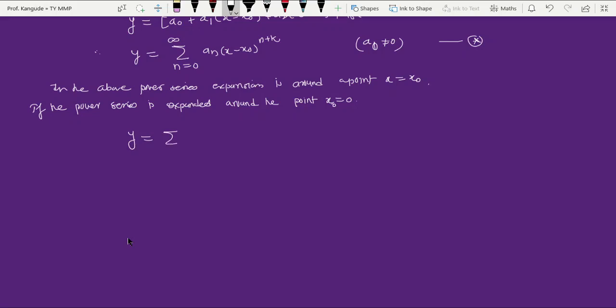Y is equal to the summation over n equal to 0 to infinity of an times x raised to n plus k, since x minus x0 becomes x, and here every time we write a0 is not equal to 0. This is another star equation, where all these coefficients an are constants to be determined.